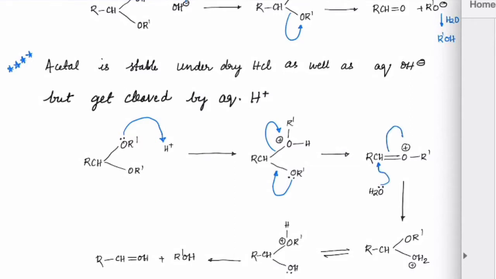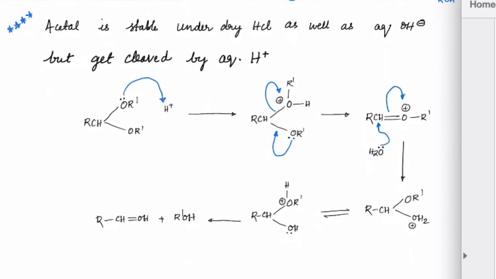This bond is lost towards oxygen. So we will get RCH, OR dash and OH2. There would be an intramolecular proton transfer because ROH is a leaving group now. So the proton will transfer towards that, and as soon as the proton transfer happens, the lone pair here will again support, this group will leave. So basically we got a hemiacetal first.